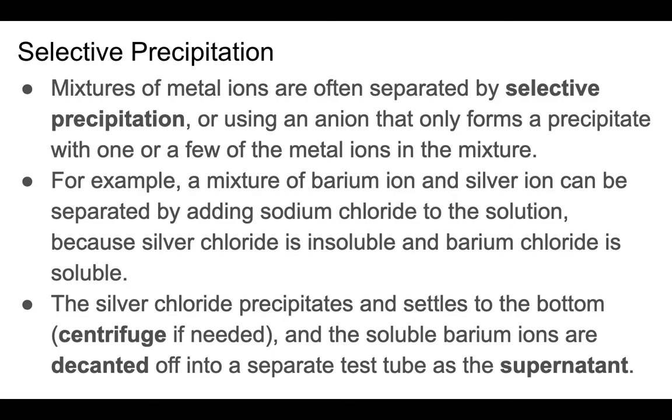If it's not settling fast enough to suit you, you can put it in a centrifuge and spin it real fast, and it will force the solid to the bottom. Now you've got the solid on bottom. There's your silver, and you've got the solution, which contains your barium ions. You could use a technique of decanting, which is pouring off the liquid to get the barium separate from the silver, or you could maybe take pipettes and pull it off.